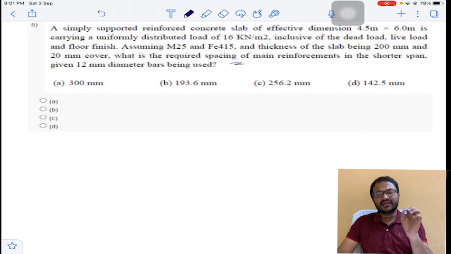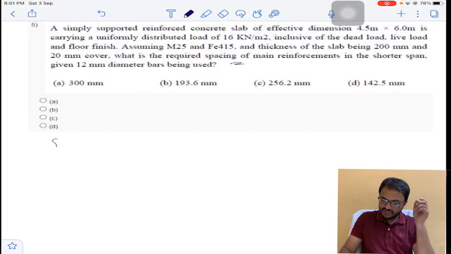Now the data is same as earlier problem. In the earlier problem he asked us to calculate the amount of reinforcement that is required to be provided in the shorter span. Now in the same shorter span, what is the spacing of the reinforcing bars? The spacing of reinforcing bars of 12 mm diameter. So we need to calculate spacing.